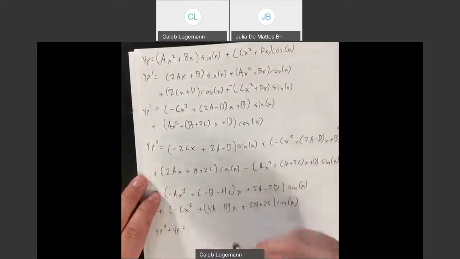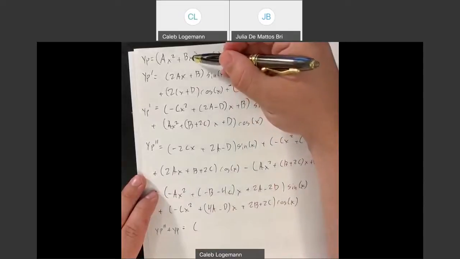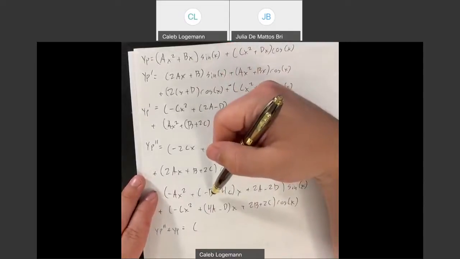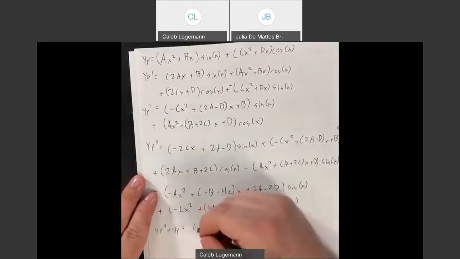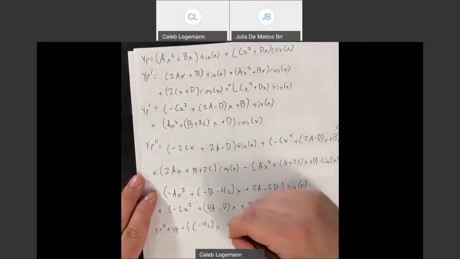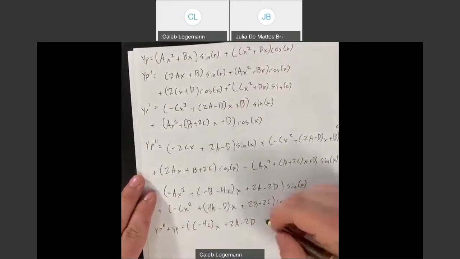So those cancel out. And then we have a plus bx minus a b. So we have minus 4c times x plus 2a minus 2d sine.